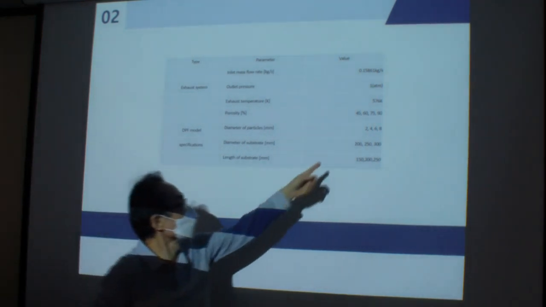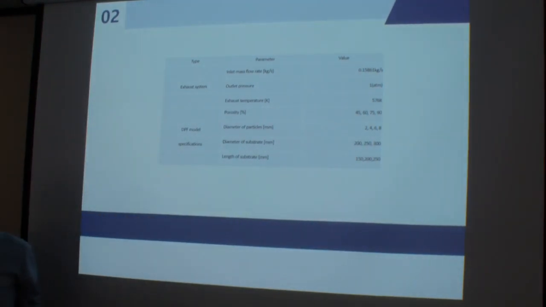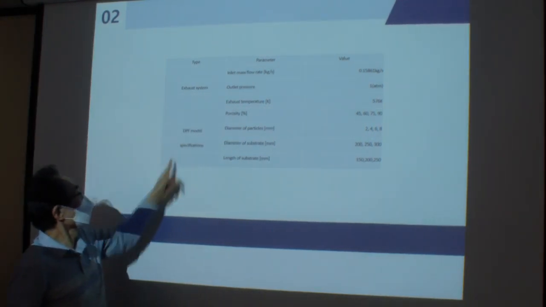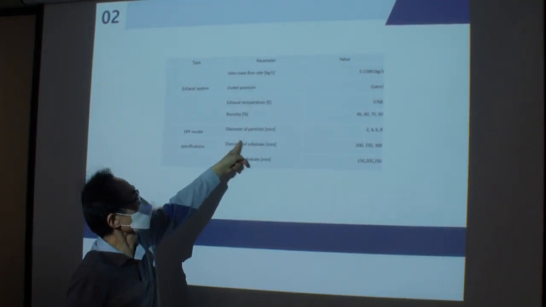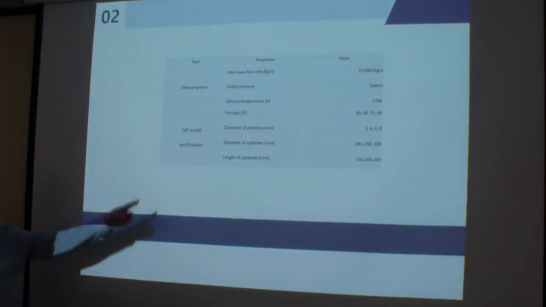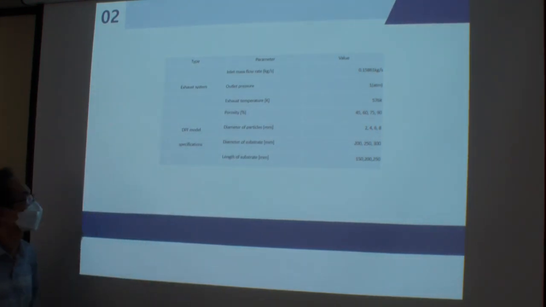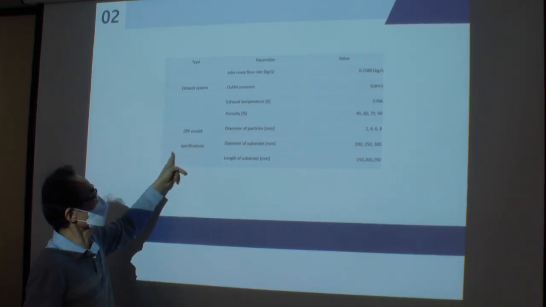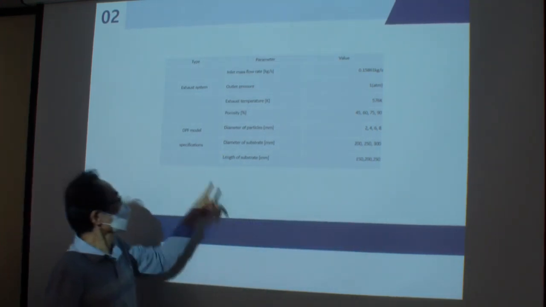In this case, it is 45, 60, 75 percent, with 15 percent differences. And for the DPF model, we also apply different diameters of particles like this, and we have 4 different particles. And the specification: the diameter of the substrate is like this, and the length of substrate is like this.